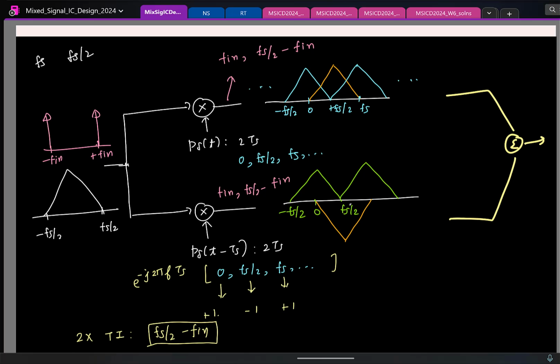This is going to be present in each of the sub ADCs, but when I finally combine it, it combines like this: 1 plus e power minus j 2 pi by 2, this becomes 0. Basically the time delay is introducing a phase shift, and that is doing the magic.